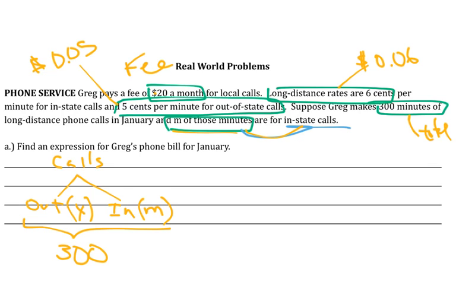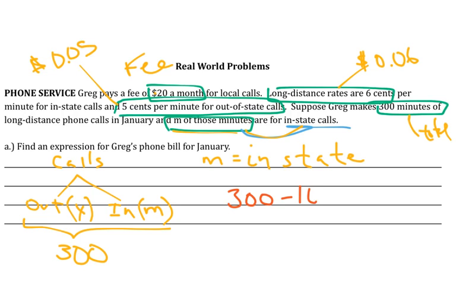Now here's where it's going to get a little bit more challenging. We know that he made M calls for in-state. We could figure out how many out-of-state calls he did if, well, what if M were 10? Well, there was 300 total, right?